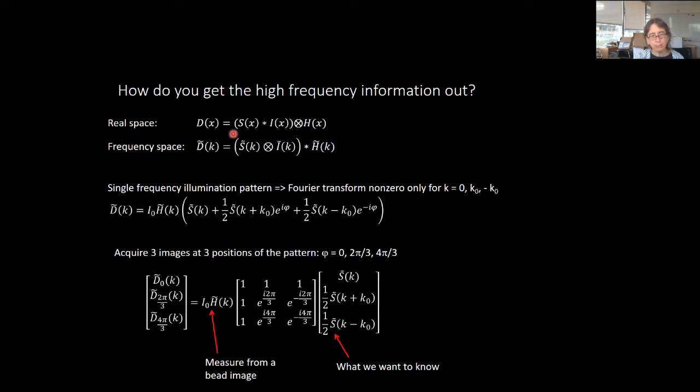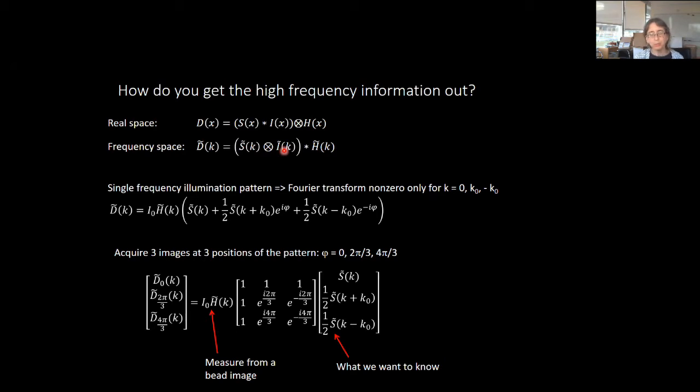So your real space image is the product of your sample and your illumination, convolved with the point spread function. And its Fourier transform is the convolution of the sample with the illumination function, multiplied by the Fourier transform of your point spread function, which of course is your optical transfer function. And the important thing here is our illumination function is a single frequency.